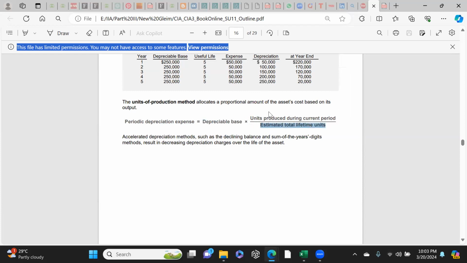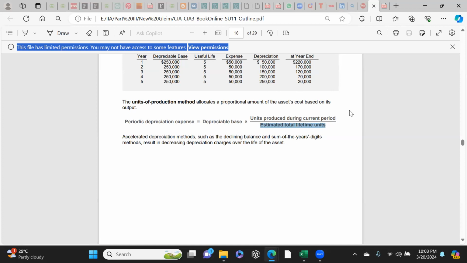Each period, depending on the number of units you produce, you depreciate accordingly. Say you have 1 million worth of asset which is going to generate 500,000 units during its lifetime. So 1 million divided by 500,000 is $2 per unit. In a particular year, you produce 100 units, it will be 2 into 100. Another year, you produce 1,000 units, 2 into 1,000, which is 2,000. Like that, you depreciate based on that.